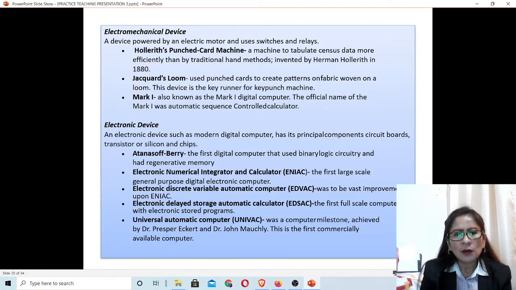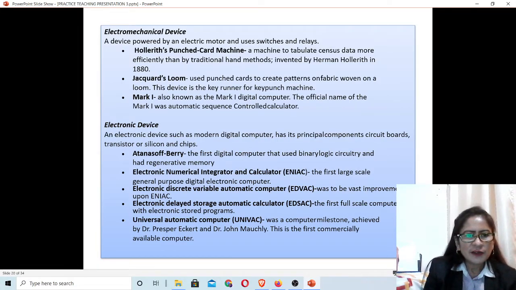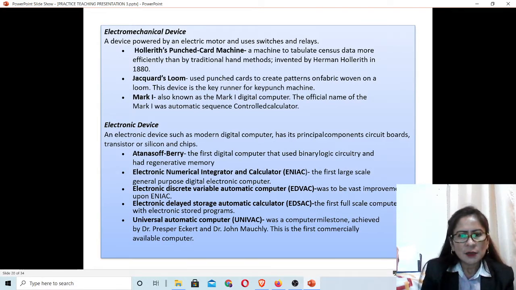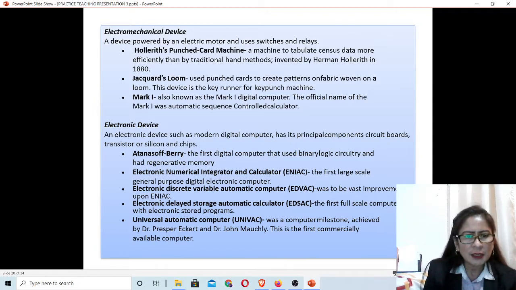Mark I, also known as the Harvard Mark I digital computer. The official name of the Mark I was Automatic Sequence Controlled Calculator. Electronic device. An electronic device such as a modern digital computer has as its principal components circuit boards, transistors or silicon, and chips.